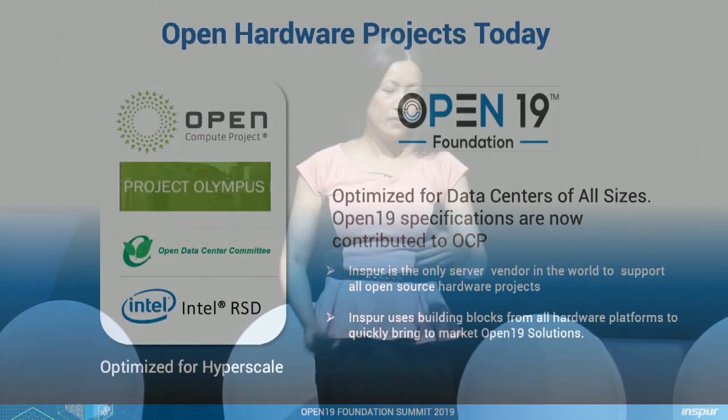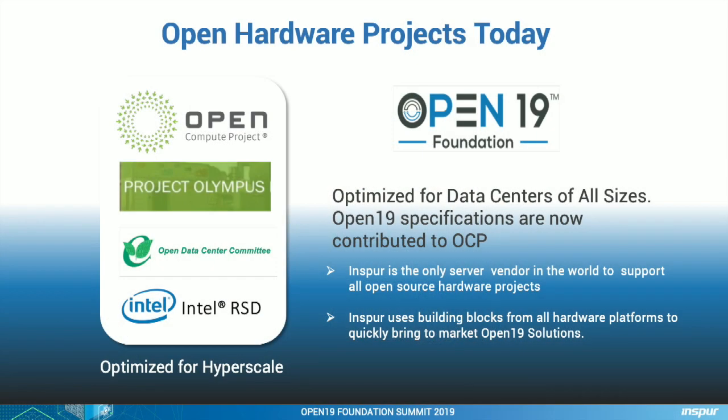So you already saw the different open hardware platforms that are available out there today. On the left-hand side, you have OCP, Project Olympus, ODCC, Intel RSD, and all of these open hardware platforms are optimized for hyperscale deployments.